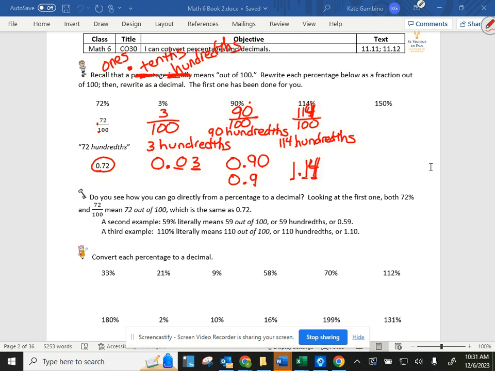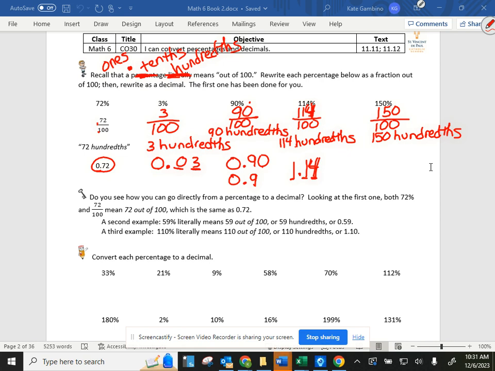Our next one is 150%. What would that fraction look like, Sawyer? 150 over 100. Let me write it this way so I don't run out of room. 150 hundredths. How do I write that as a decimal?